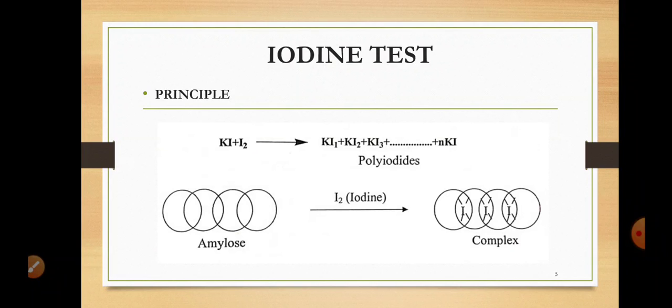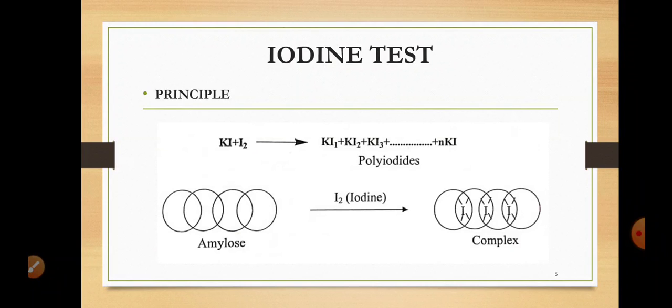No doubt there are different polysaccharides. When we carry out the polysaccharide test in the labs, we will use starch as one of the samples. Starch contains two important components, amylose and amylopectin.